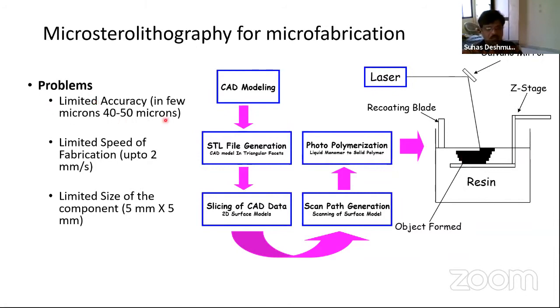Currently the accuracies are limited, maybe 50 to 60 microns or 100 microns. It also has limited speed, because when we want more accuracy we go for a very small speed, about 2 mm per second. Sometimes the size of the microfabrication is 5 mm, which is another limitation.